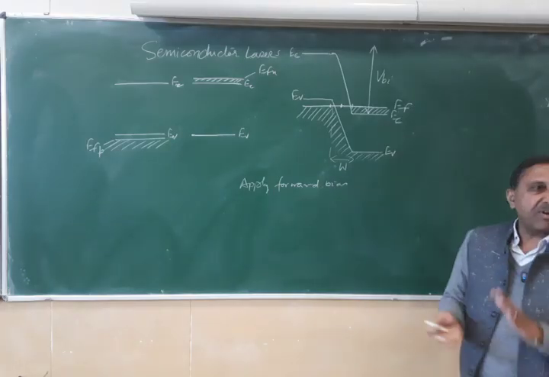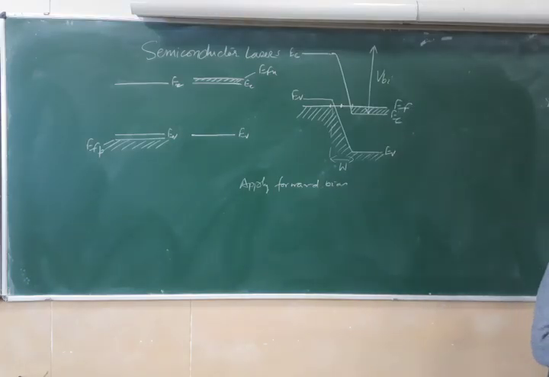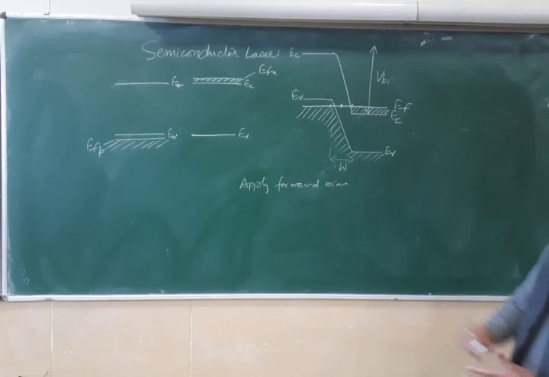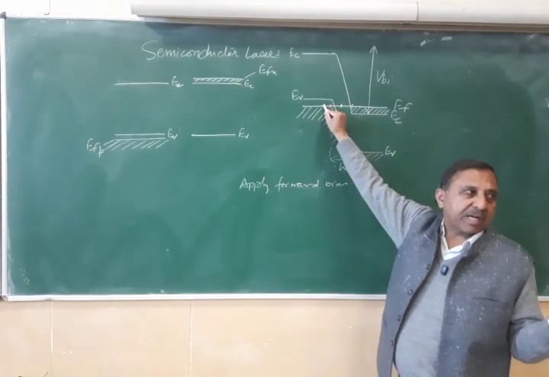Means when electrons are transferred from the N side to the P side, the N side is left positive due to positive ions, and the P side becomes negative. So, when N becomes positive and P becomes negative, an electric field is created, and the P side gets negatively charged.